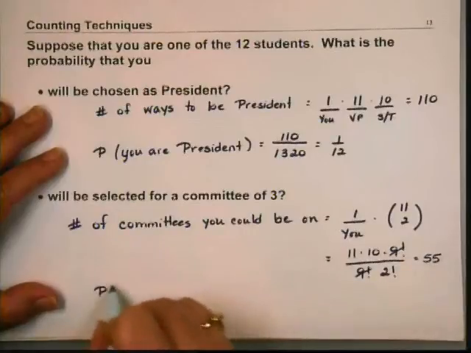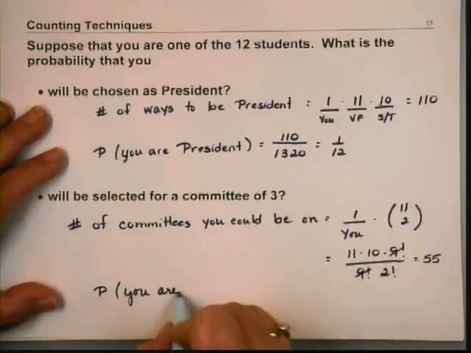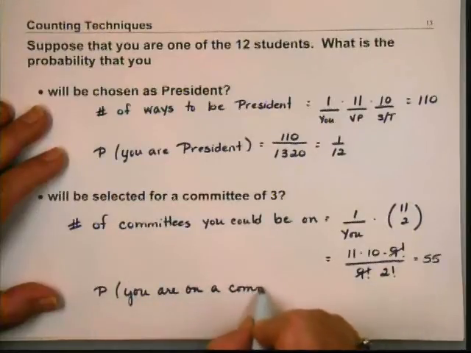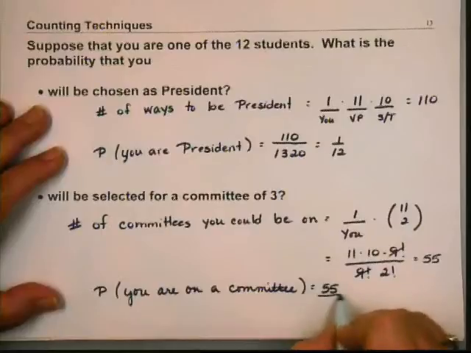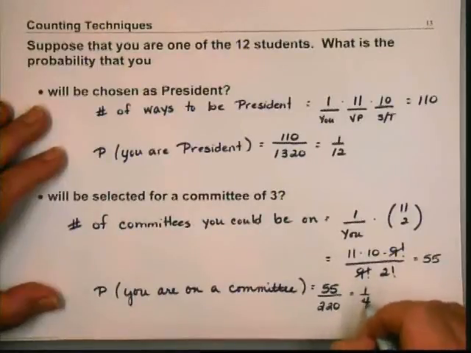So the probability that you are on a committee would be equal to 55 out of how many committees are possible? 220. 1/4.